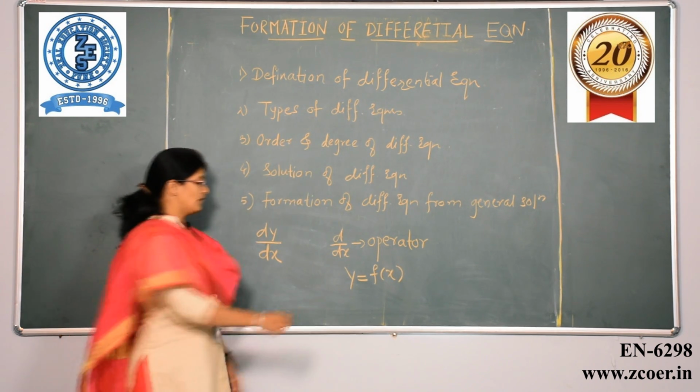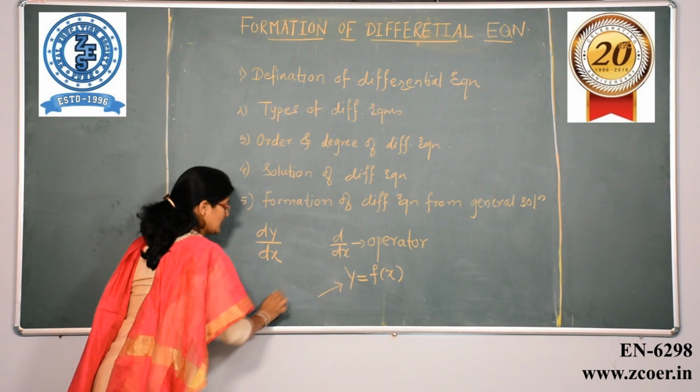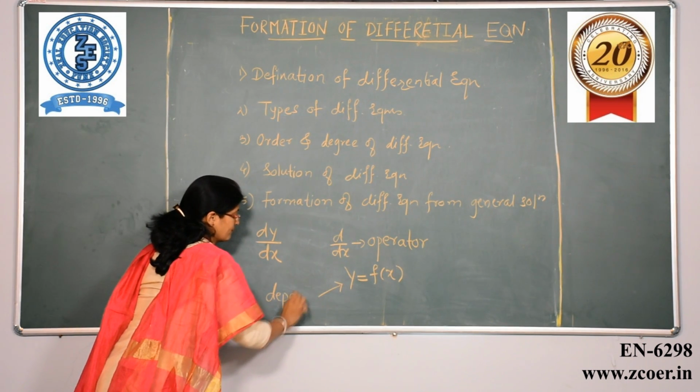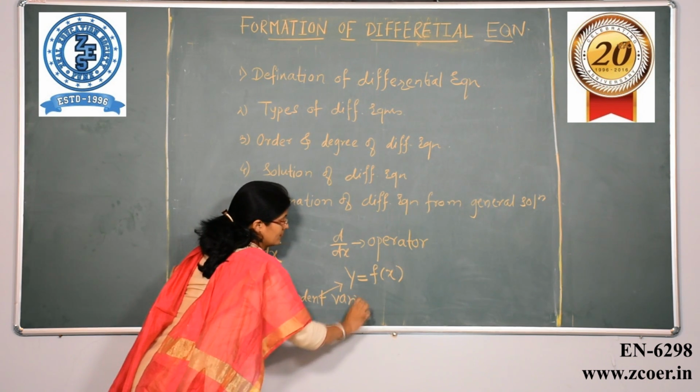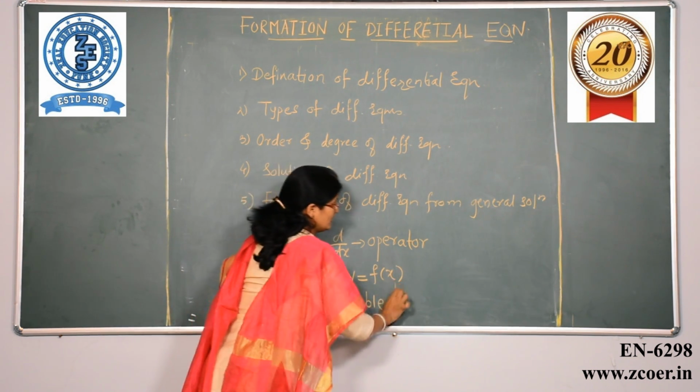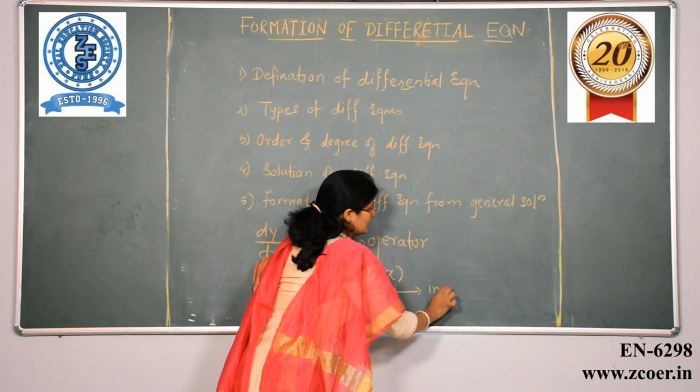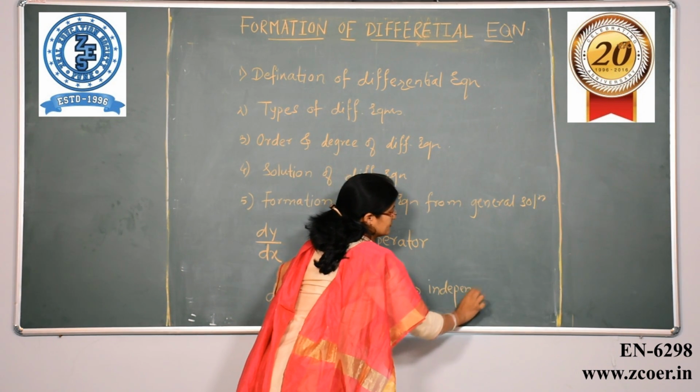So, we say that y is the dependent variable and x is here the independent variable.